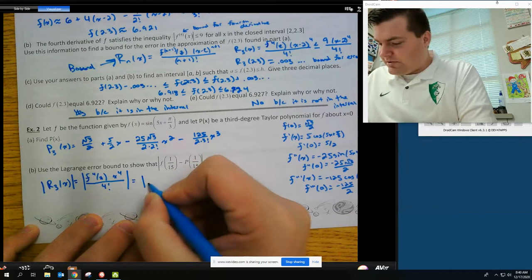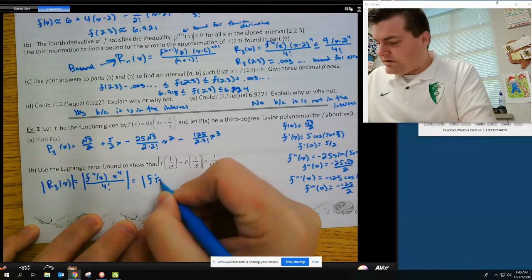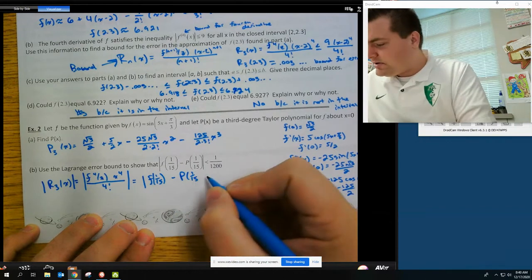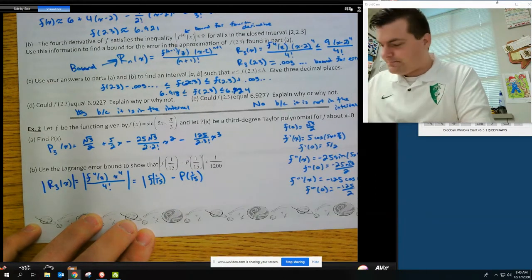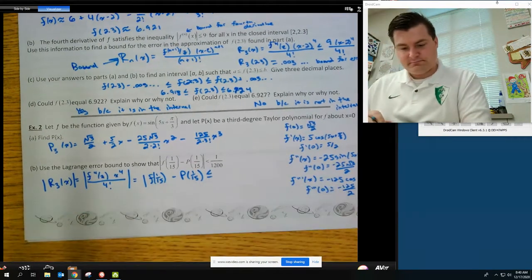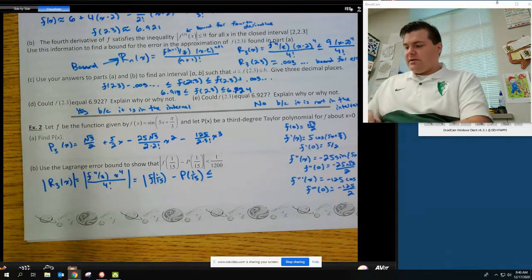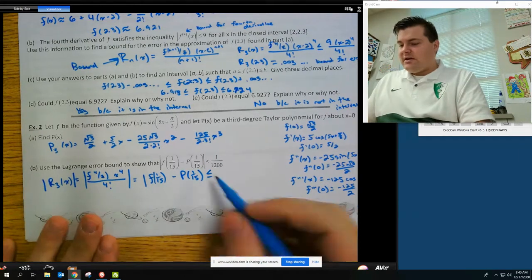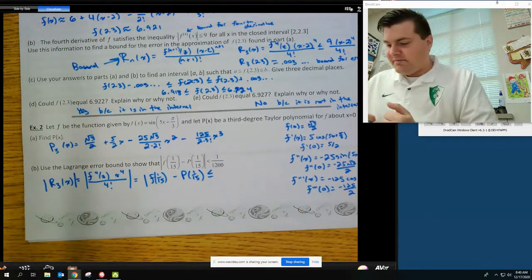This is going to be equal to f of 1 over 15 minus p of 1 over 15, which is less than or equal to, so let's plug everything in. What's the maximum value we can have here?